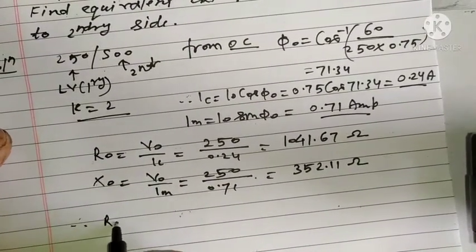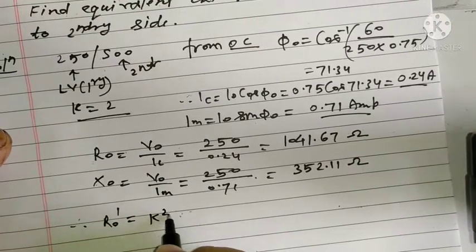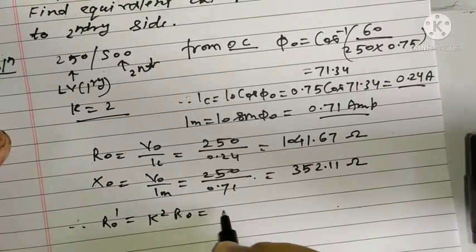So R naught dash can be written as K square R naught. What is K?